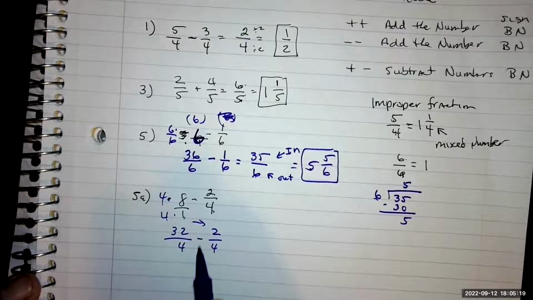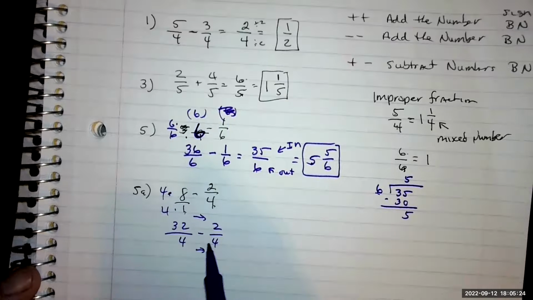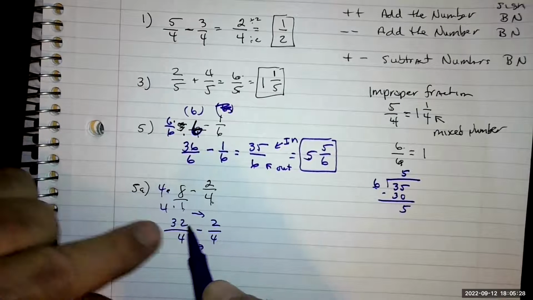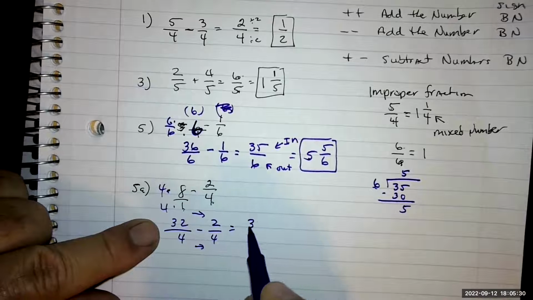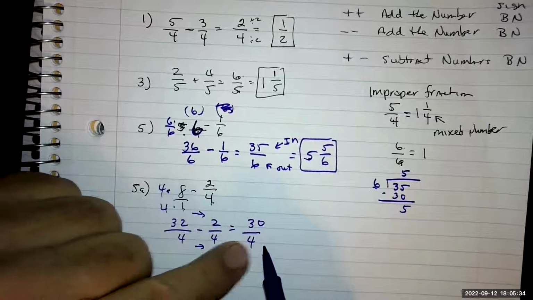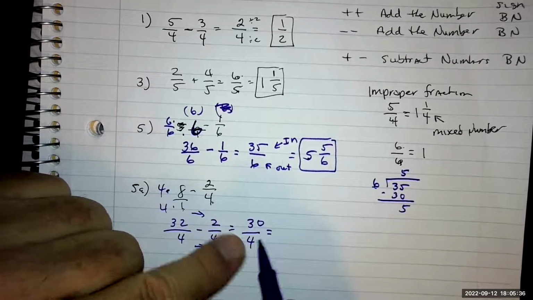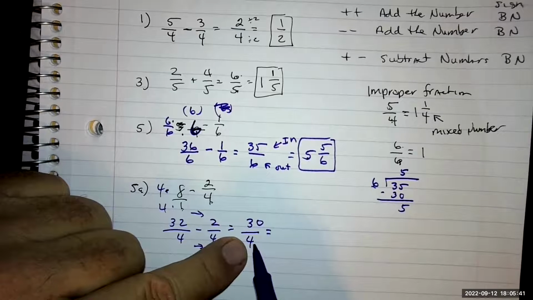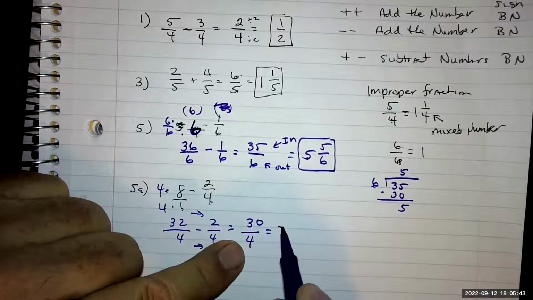Now, I'm going to subtract straight across, because I have a common denominator, they're like denominators. So 32 minus 2 is 30, and my denominator stays the same. Now, how many times does 4 go into 30? Well, 7 times 4 is 28. 8 times 4 is 32, which is too high, so 7.